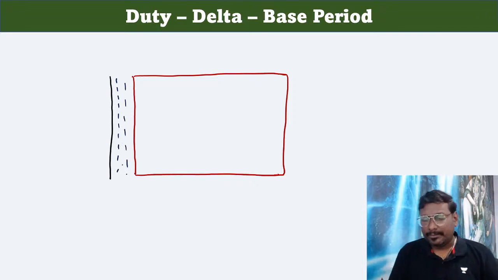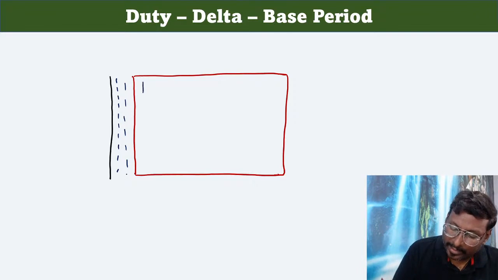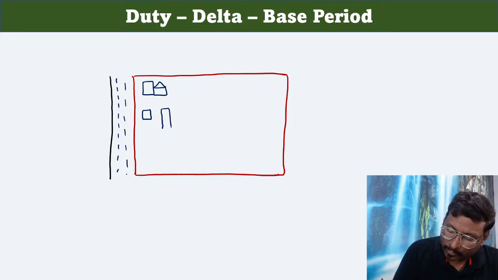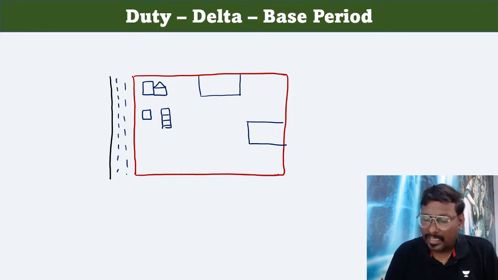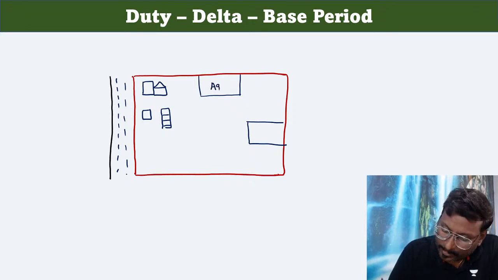And it contains some residential buildings, residential houses, industries, schools, colleges, whatever different buildings, and also agricultural lands at different locations.